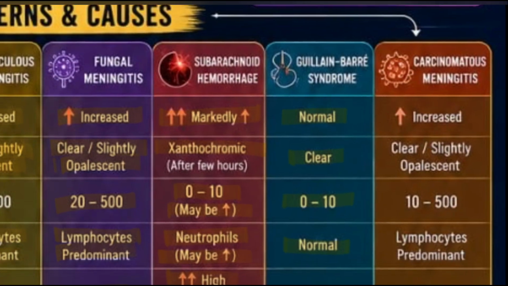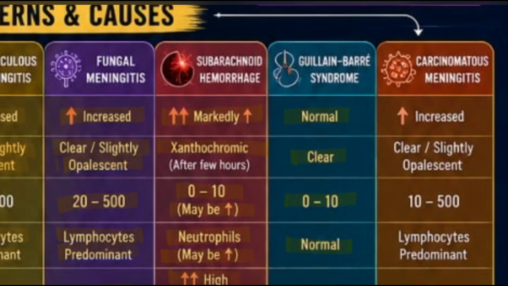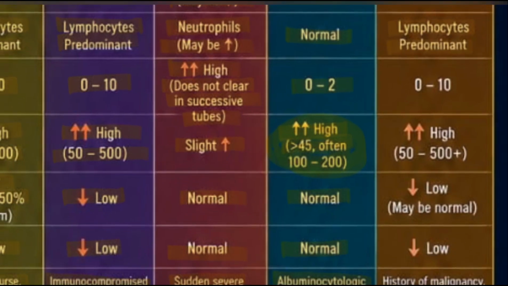Next, at last, we can see carcinomatous meningitis. In carcinomatous meningitis, we can see the opening pressure will increase, and the appearance will be clear and slightly opalescent, and the cells you can see 10 to 500, and the WBC will be lymphocyte predominant, same as viral meningitis.